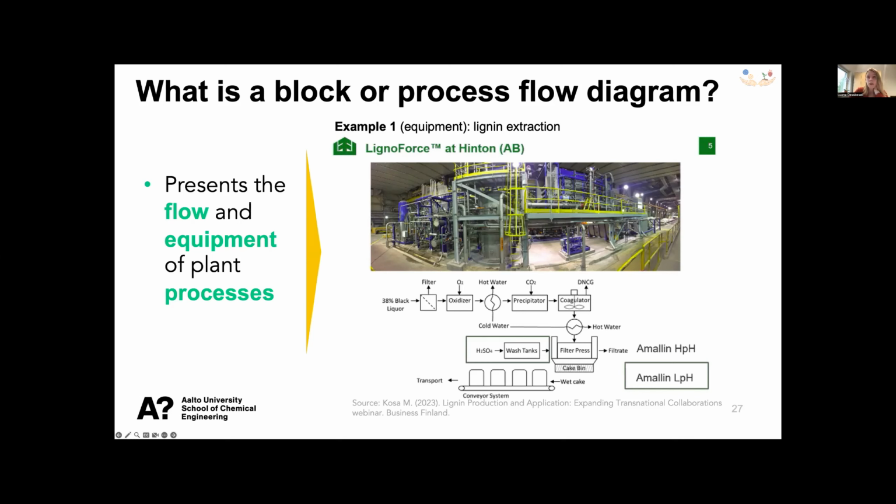And I went there, I took a couple of pictures, not sure if this one is mine, it looks too nice to be mine, but I have one similar. What I knew about the process before going there is what is here, what I have worked with, because I worked on this in my PhD. And then when I went there and actually saw the thing built, I was thinking, oh my goodness, where is what?